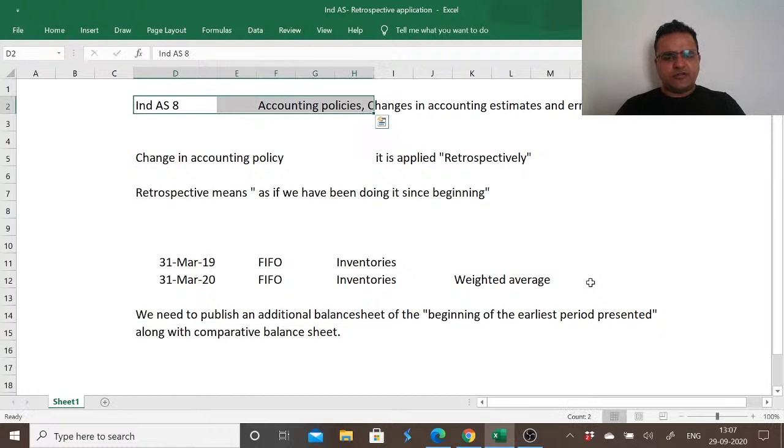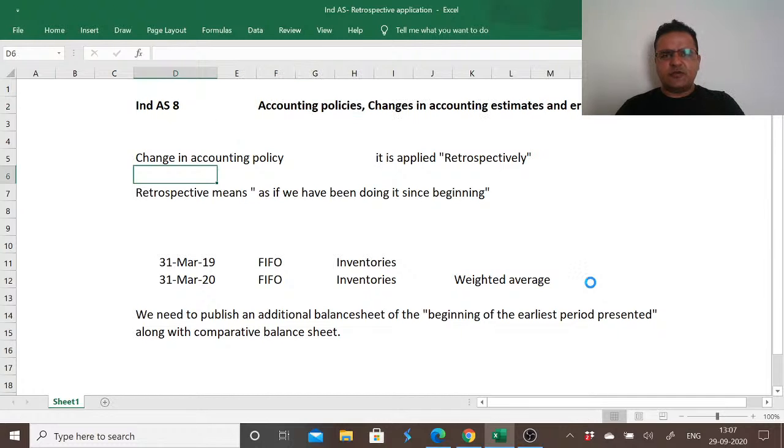So we need to publish one more balance sheet of the beginning of the earliest period presented along with the comparative balance sheet. What does it mean? That if we are changing the accounting policy from FIFO to weighted average for publishing the financial statements 31st March 20, we need to present 31st March 19 also on weighted average, and along with that we also need to publish 1st April 2018 balance sheet also on weighted average.